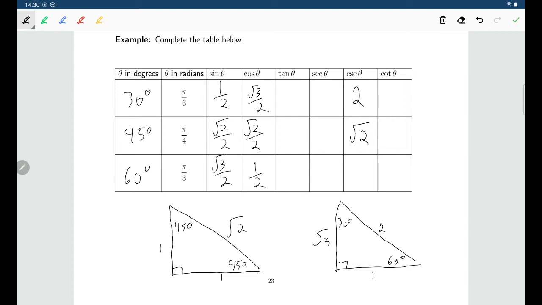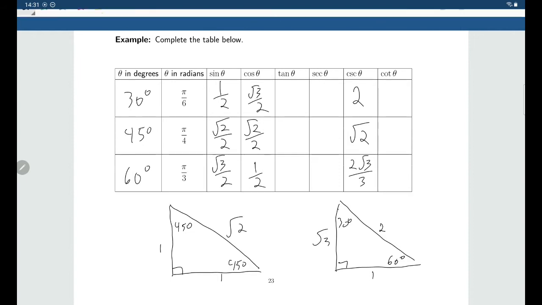And then finally, cosecant of 60 degrees, we know that sine of 60 degrees is root 3 over 2, so cosecant of 60 degrees should be the reciprocal of that, 2 over root 3, but in simplest terms, that would be 2 root 3 over 3.